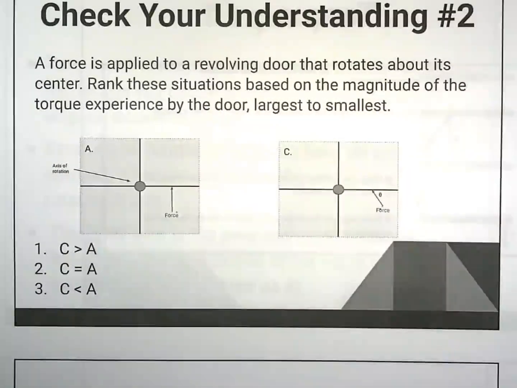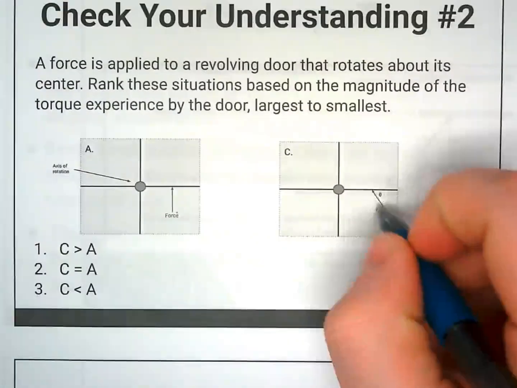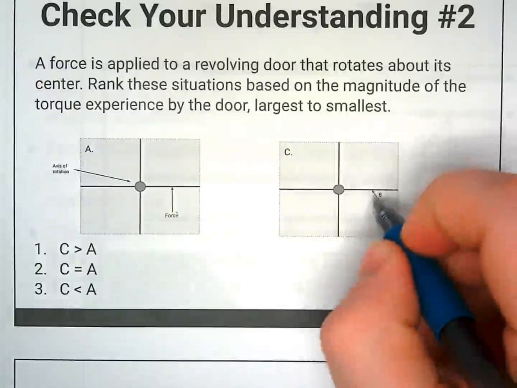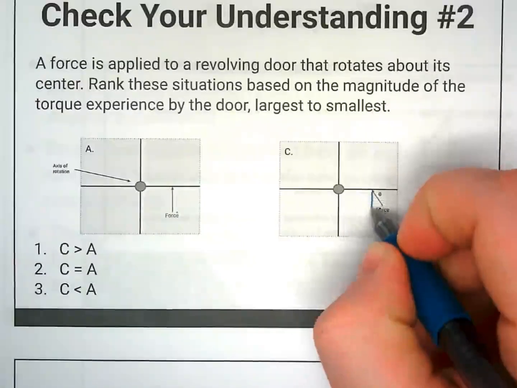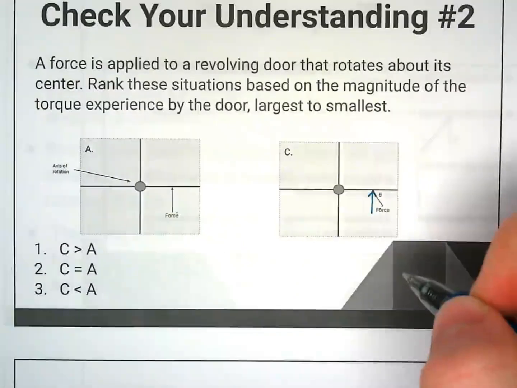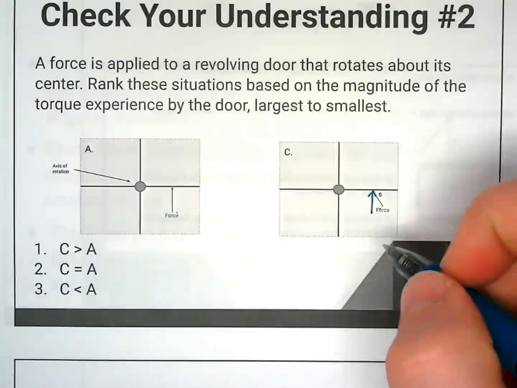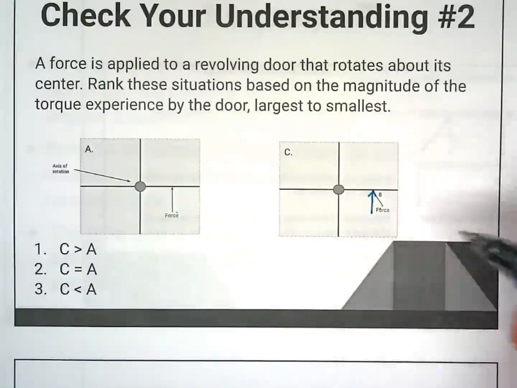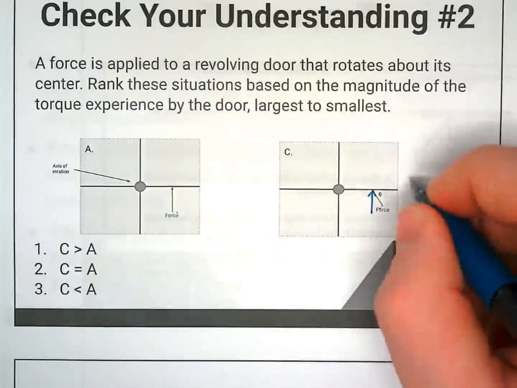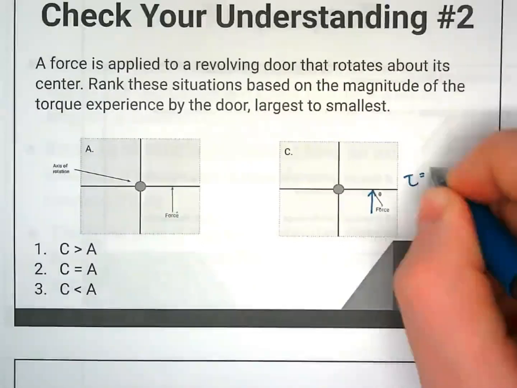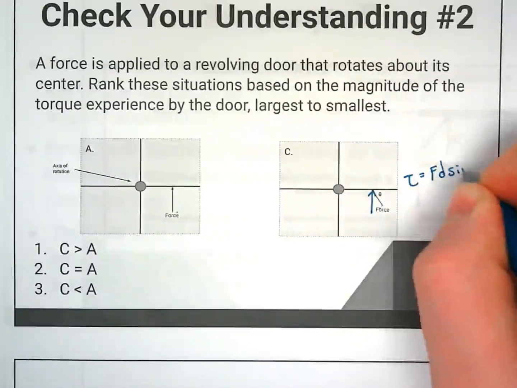So thinking back to what was talked about in the notes, when we calculate the amount of force being applied at an angle, what we need is actually the perpendicular force. In this case, the torque is going to be calculated with F times D times sine of theta.